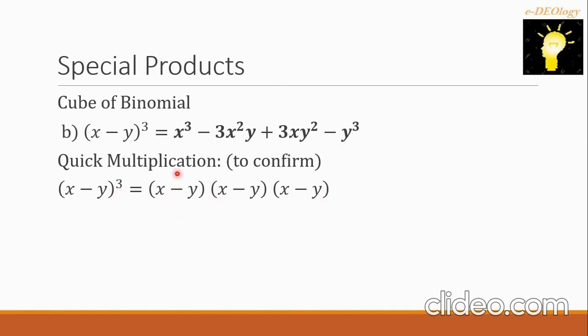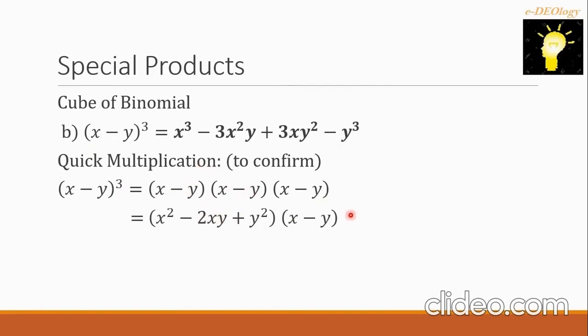And then I'm going to simplify the first two factors. It will give me this x squared minus 2xy plus y squared. So we can apply our special product here for the difference of two terms. So these are the three terms for the special product.